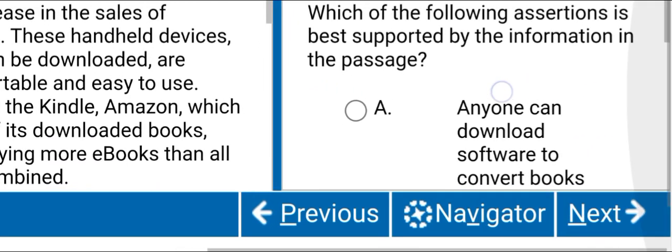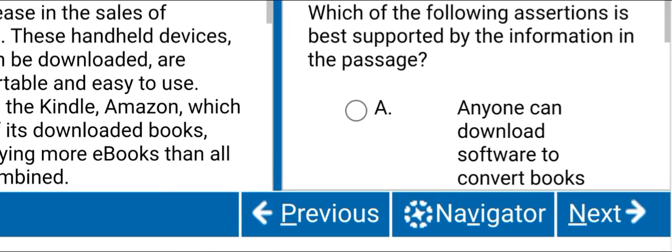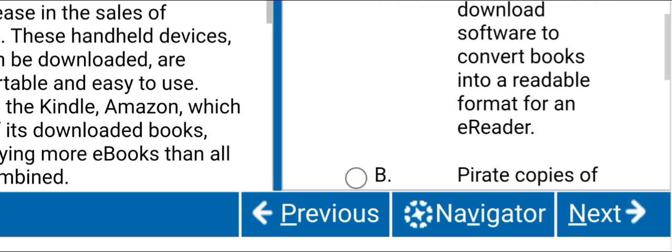Next we have, which of the following assertions is best supported by the information in the passage? Option A. Anyone can download software to convert books into a readable format for an e-reader.